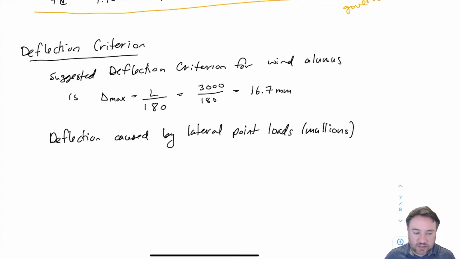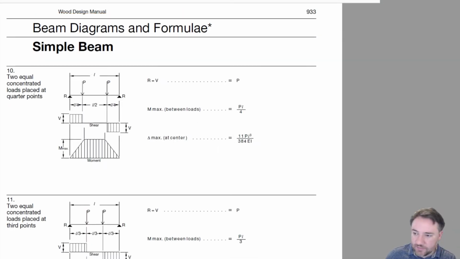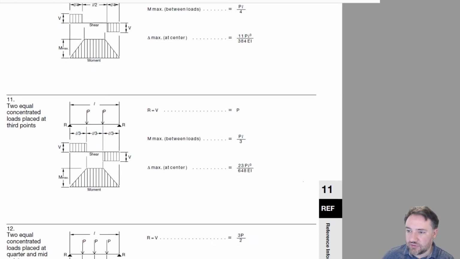And if I want to find the deflection for a situation like that, I can go to the standard. And for example, I can find here the situation for two equal concentrated loads placed at third points. This is in, not the standard, sorry, but the wood design manual. And you can see that we're given the deflection equation for that situation right here. So that's what I'm going to use. And I'm going to rearrange this equation to solve for my minimum EI.